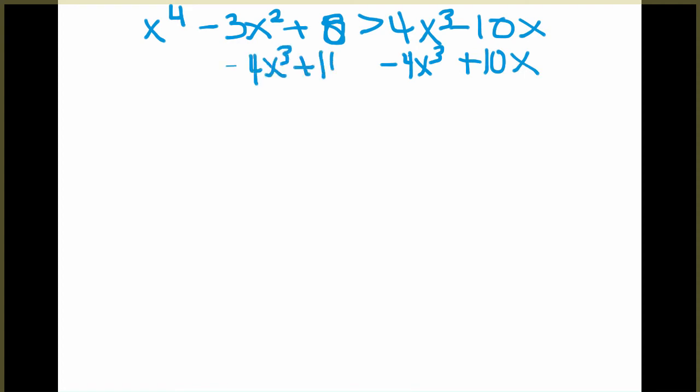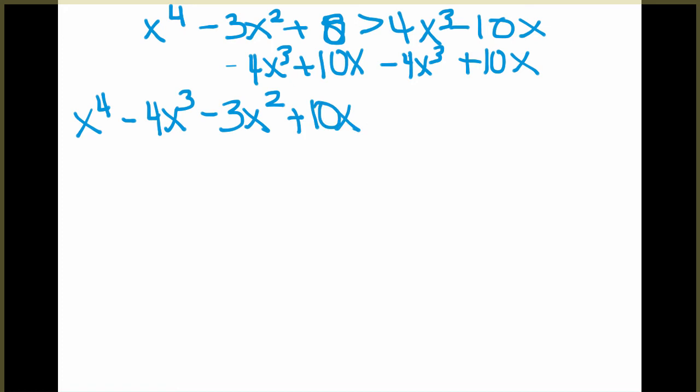And then I'm just going to write it in standard form. So I have x to the 4th minus 4x cubed minus 3x squared plus 10x plus 8 is greater than 0.